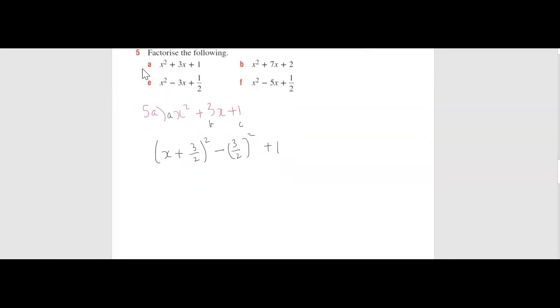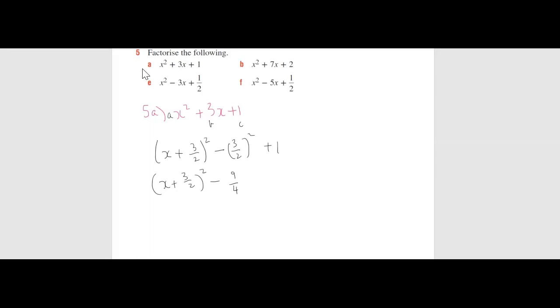All right, so let's just tidy up that constant. We've got 3 on 2 squared. When you're squaring a fraction, you square the numerator and you square the denominator. So we're going to have 9 on 4, since 3 squared is 9 and 2 squared is 4.